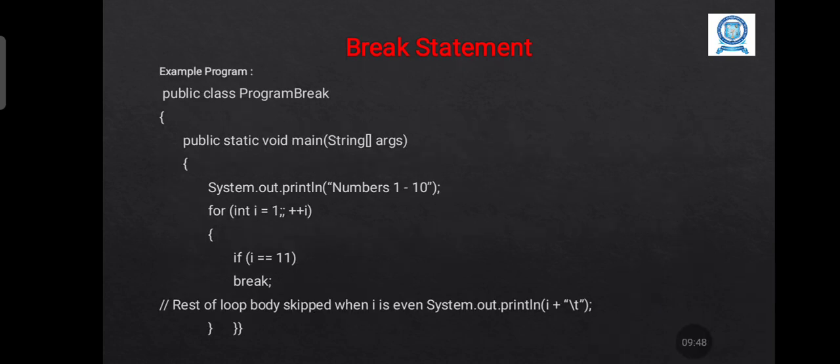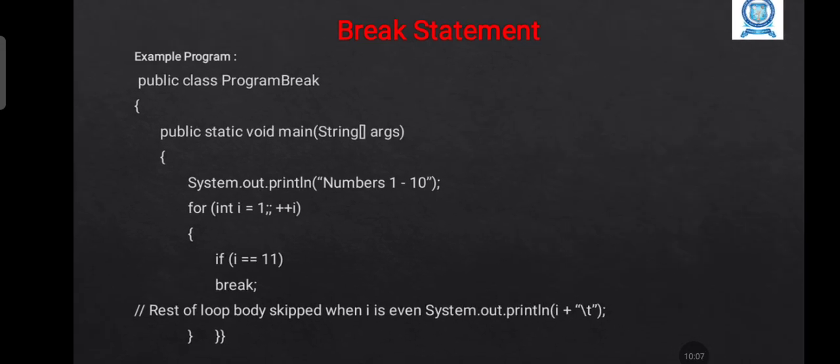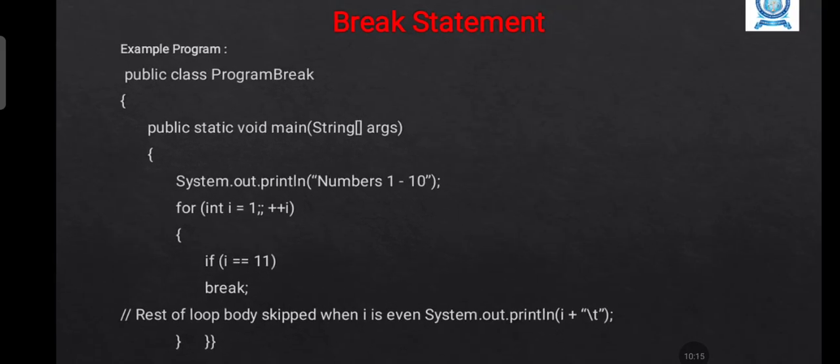Then the break statement. The break statement will also be associated with a condition. This will terminate the entire execution of the loop. It is also used along with the for loop, while loop or do while loop for a condition. For example, in this statement, we are having the for loop, after which we are having the break associated with the condition if i equal to 11. When the i value is 11, the entire execution of the for loop will be terminated and the execution control goes out of the loop.